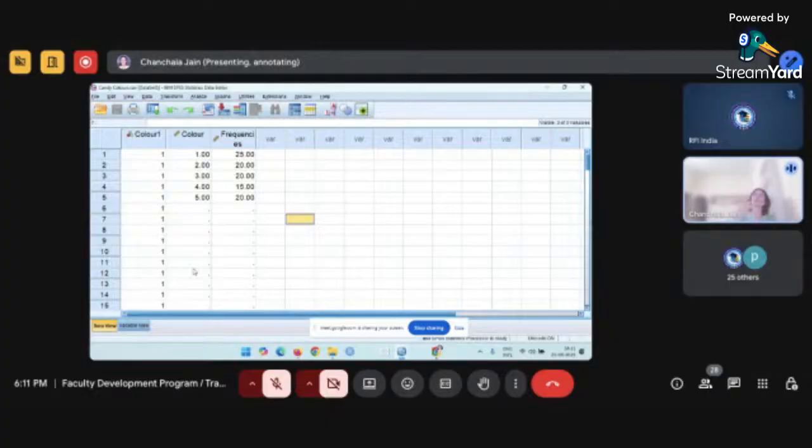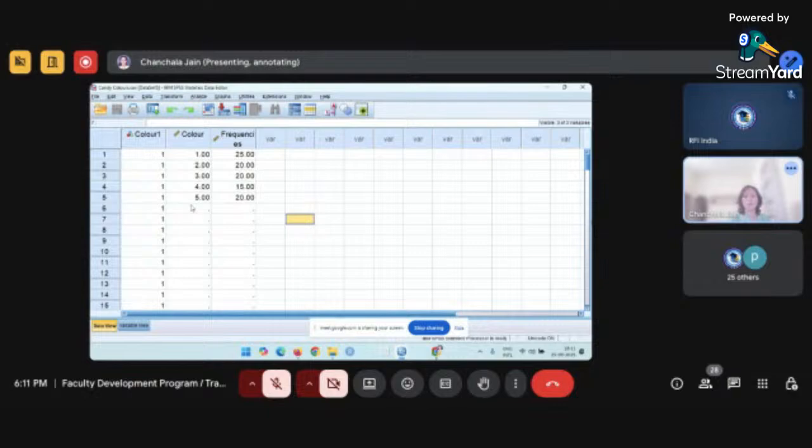So maybe they are doing a survey. This is the data of that survey: how many people want a red color, maybe brown, pink, etc. The company wants to know whether the distribution is uniform or not for the colors. Is it clear?